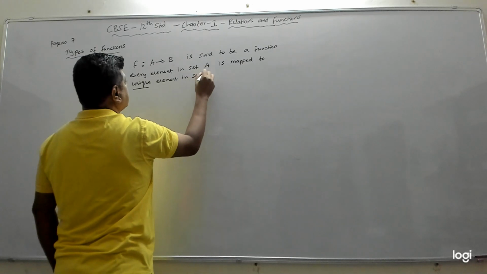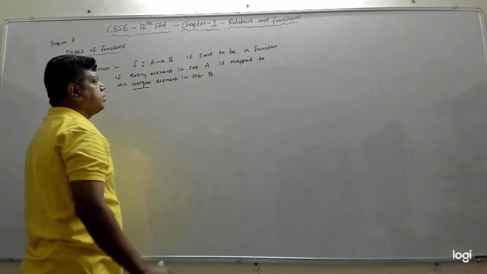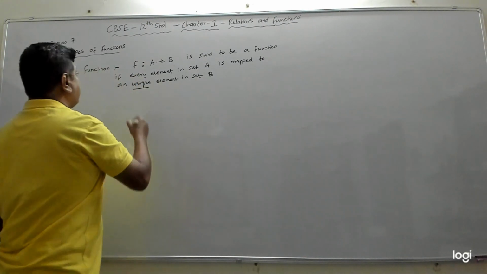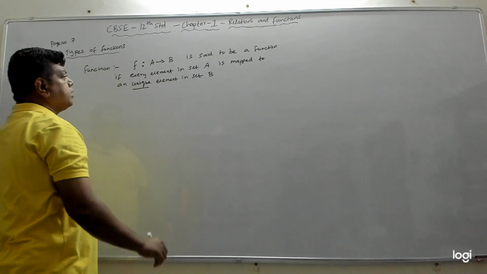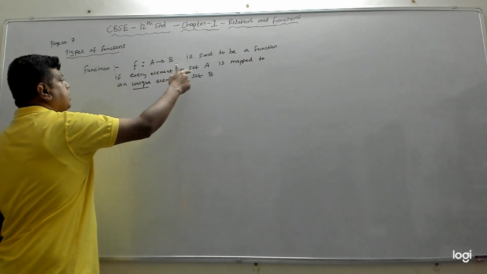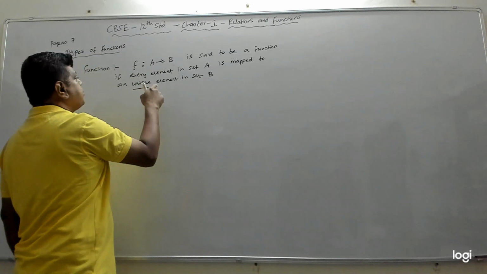Then we call f a function. f from A to B is said to be a function if every element in set A is mapped to a unique element in set B.